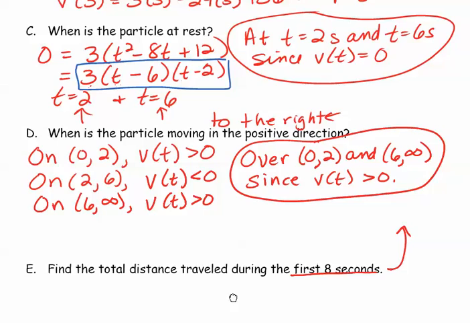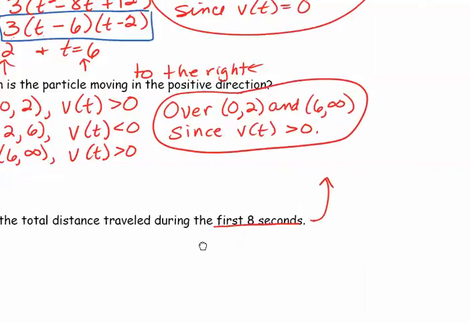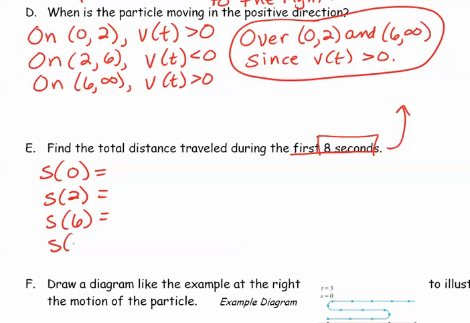All right, our total distance traveled then. We're going to make our diagram so we can think about this if we can find the position at the endpoints and at the critical numbers. So let's find out where it is using our position function. And notice here we've got an upper bound of 8 seconds, so that's our endpoint at the other end.